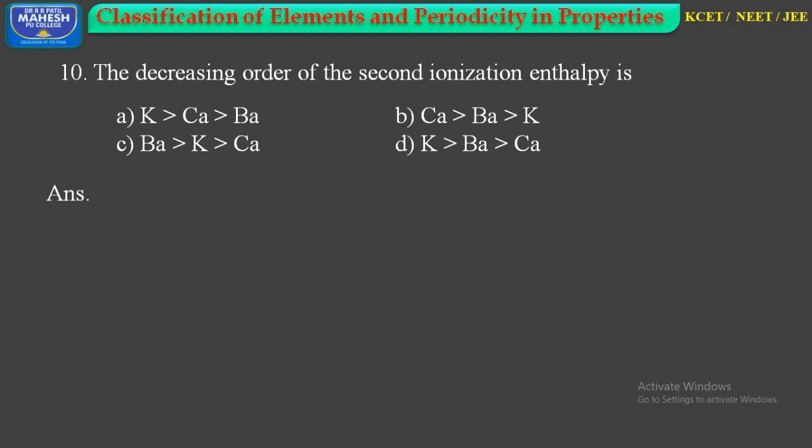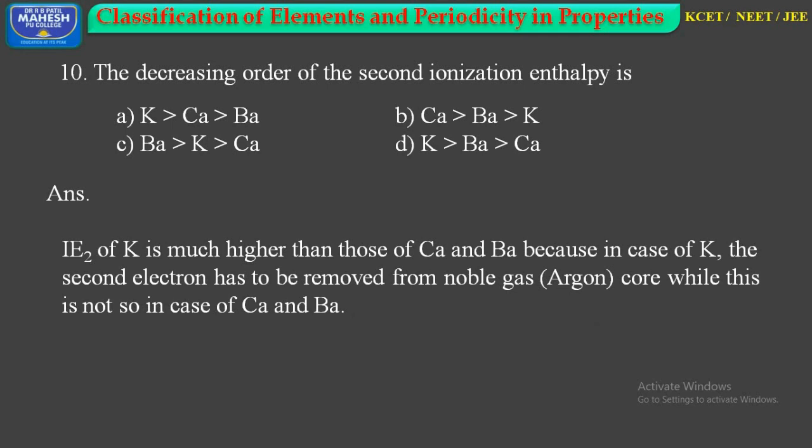Students, second ionization enthalpy of potassium is much higher than those of calcium and barium, because in case of potassium, the second electron has to be removed from the noble gas, that is argon core, while this is not so in the case of calcium and barium, because students, it is known to you that potassium atomic number 19, so 18 electrons we can account for argon, the noble gas, and 1 electron which can be very easily removed for the formation of K plus ion.